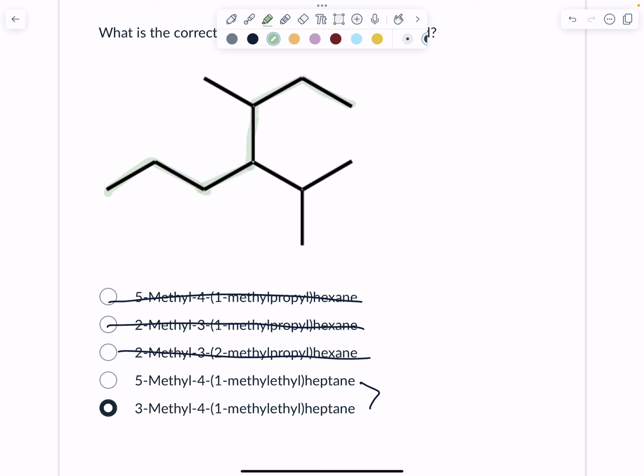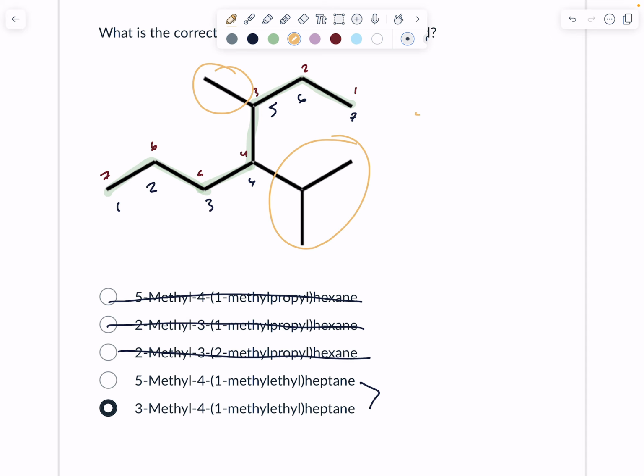Now we have to decide how to number it. You can number it 1, 2, 3, 4, 5, 6, 7, or the opposite way, and I like to do different colors. I'm going to find my substituents. Here's 1 and here's 1. So if we go with the maroon one, we have 3 methyl and 4 isopropyl.